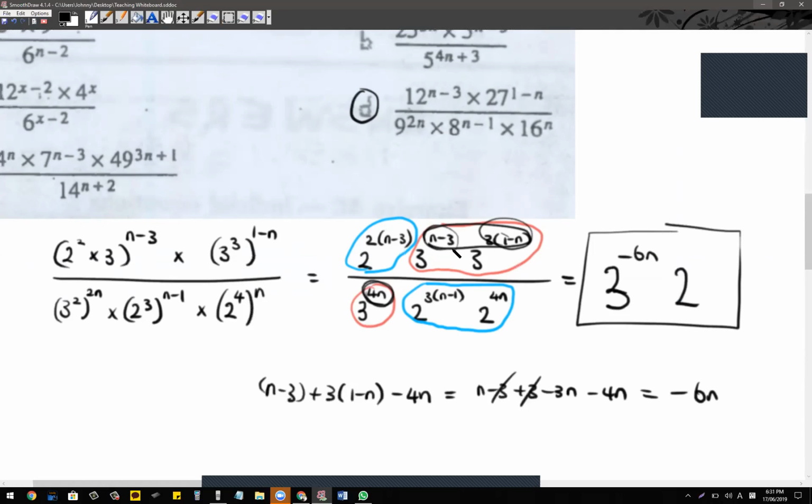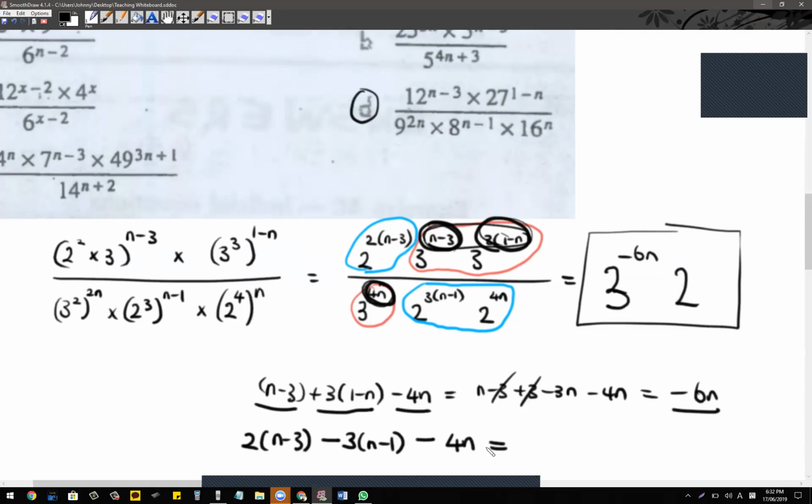The reason is you have these two, so you add them, and you have this guy, so you subtract. So you get negative 6n, right? So what you have to do is figure out, you got 2n minus 3, which is this one here, and then you will have to subtract n minus 1, 3n minus 1, and subtract 4n as well. So you need to work this one out.